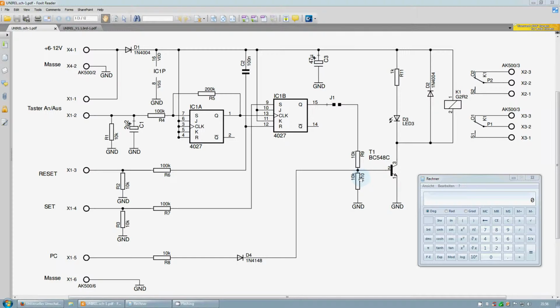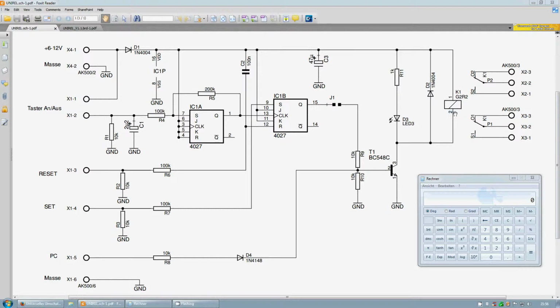Now let's try to calculate what minimum voltage will switch the relay on. First of all, we took the C version of the BC548, which has a current amplification of at least 200. Now the relay takes about 70 milliamps, and the LED with its current limiting resistor R11 has a negligible current compared to the current through the relay solenoid.